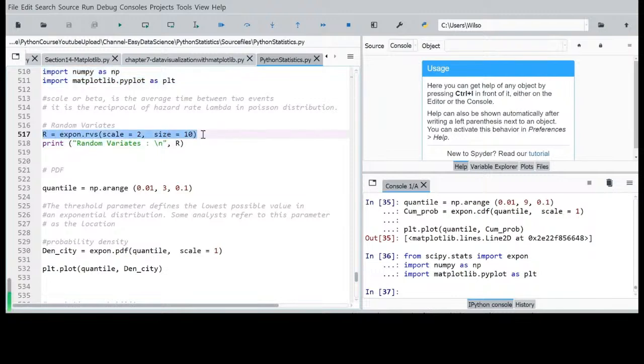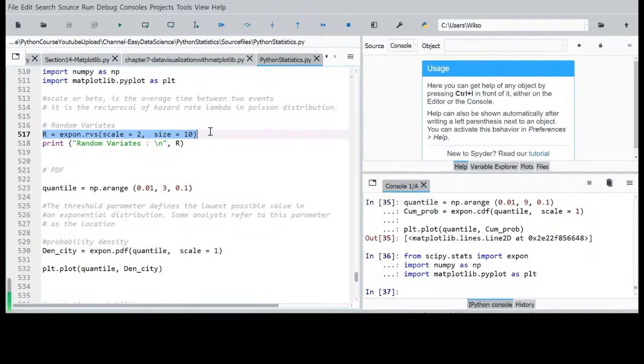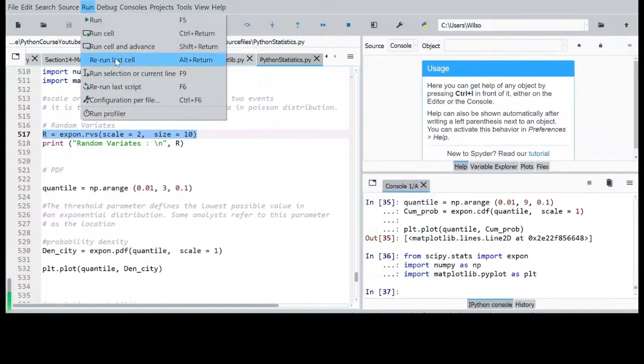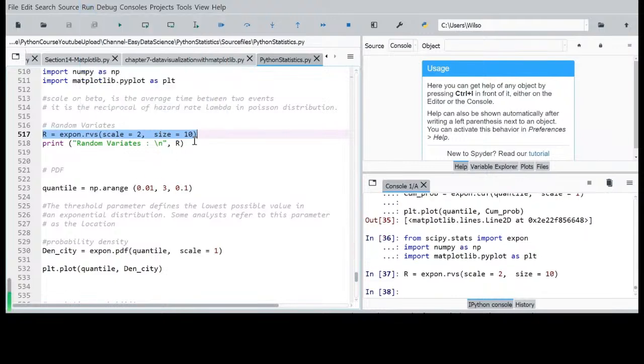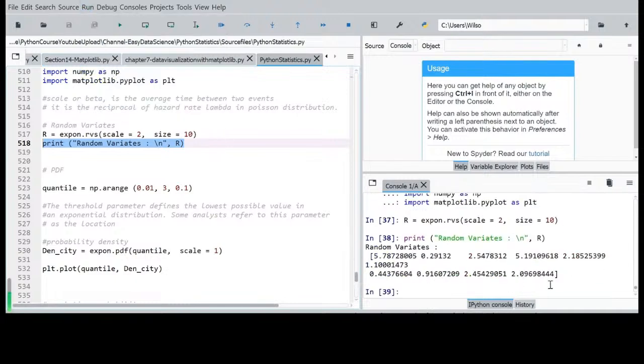We just use expon.rvs with scale equals 2, size 10. We want to generate 10 such exponential random numbers, and this will print them. These 10 numbers are random numbers generated from this exponential distribution.